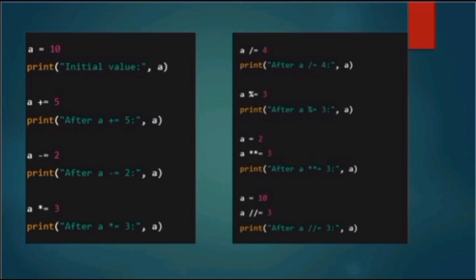Next, a = 2, then a **= 3 raises a to the power of 3, making it 8. So a = 10, then a //= 3 performs a floor division, resulting in 3. These operators help simplify calculations by combining the operations with assignment, making the code more efficient.